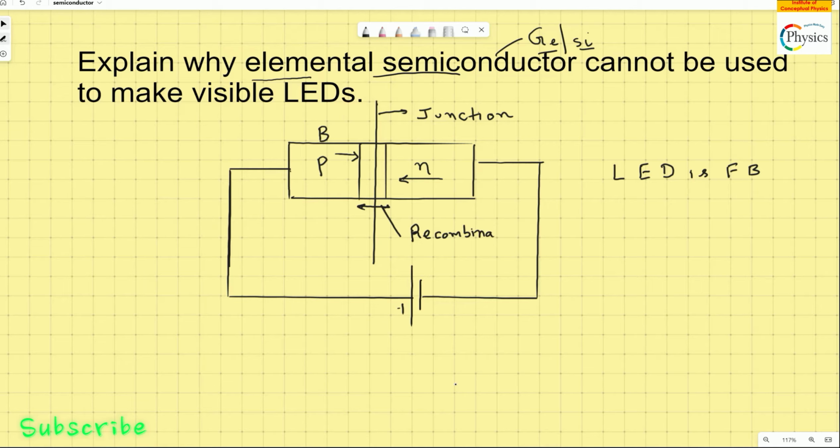Recombination happens, which means, if you understand the acceptor level and the donor level energy levels, N is the donor level, and the P type is the acceptor level.